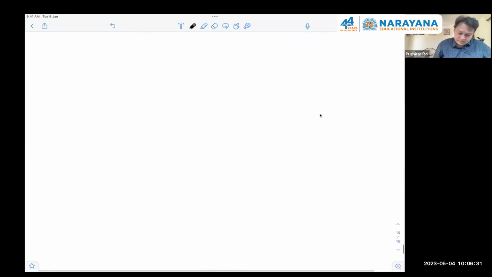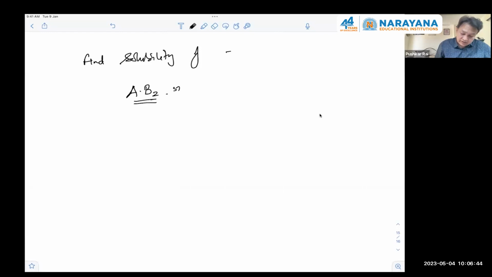That could be my theme of this thing: find the solubility of a salt like AB2 solid, which is going into A2 negative plus 2B plus, something like this.